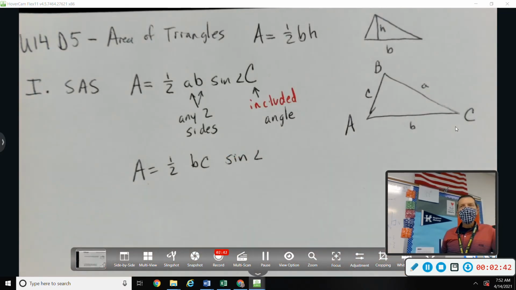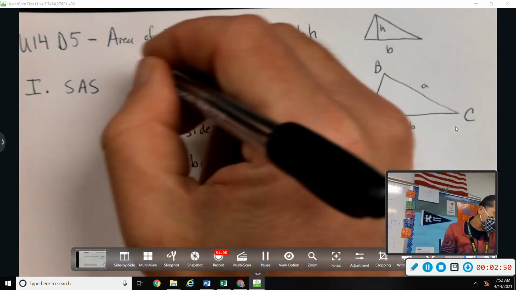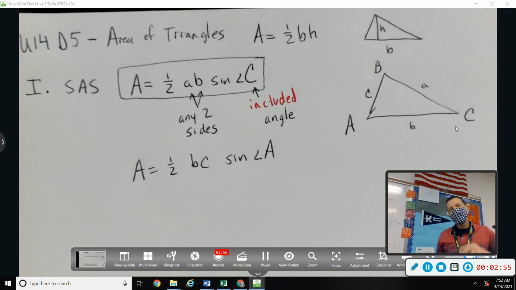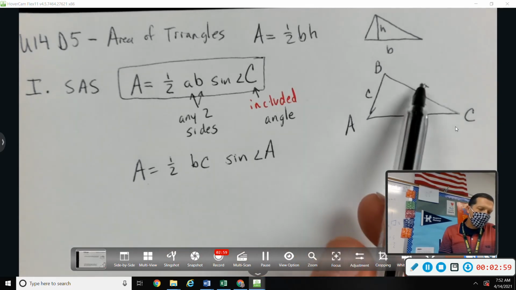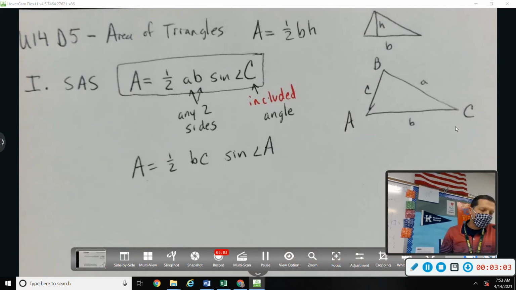What angle is between B and C, or what angle is included, is the official word? A. So don't get hung up on the letters. Know what they mean. Any 2 sides and the included angle. Which means I could write one more: 1/2 AC sine of B. I'm not going to write that one, because you could get a triangle that's not even triangle ABC.